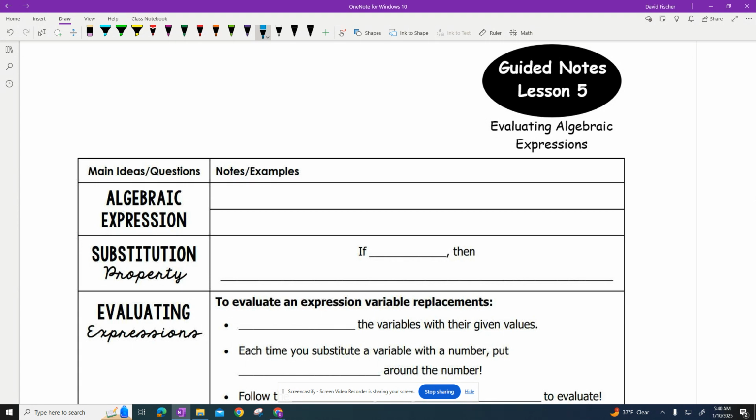And really, algebraic expressions, very important. There is no equal sign in an expression. If there was an equal sign, well, then we'd call it an equation.